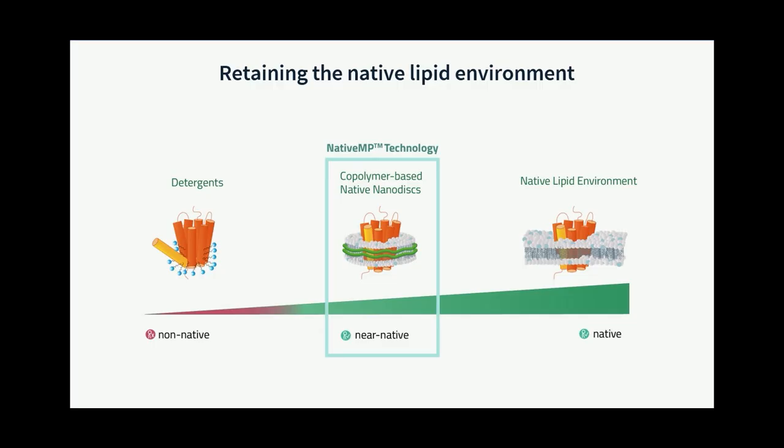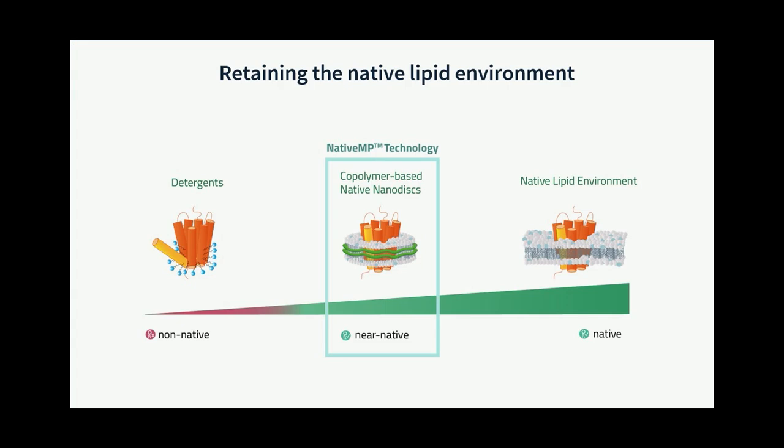So how do we do that? The NativeMP platform enables the isolation of these membrane proteins directly from the natural lipid environment. We do this by using amphipathic copolymers. Those amphipathic copolymers can wiggle their way into the membrane and directly isolate the membrane protein with the native lipid environment retained.